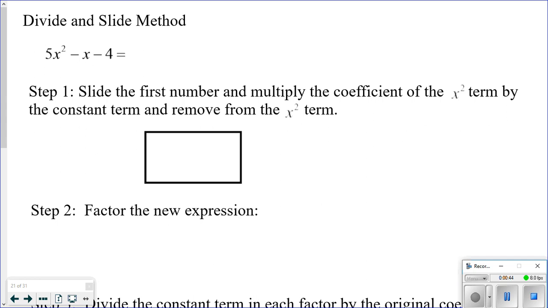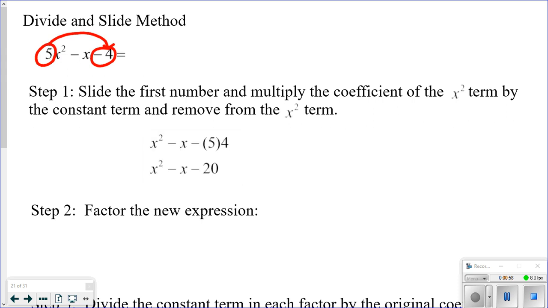So we take this 5, the leading coefficient, and we're going to multiply it by this third term here, just like we would with the box method, but then we need to remove that 5 from the x squared term. So we have x squared minus x minus, and we're doing 5 times 4, and that's where we get the 20.